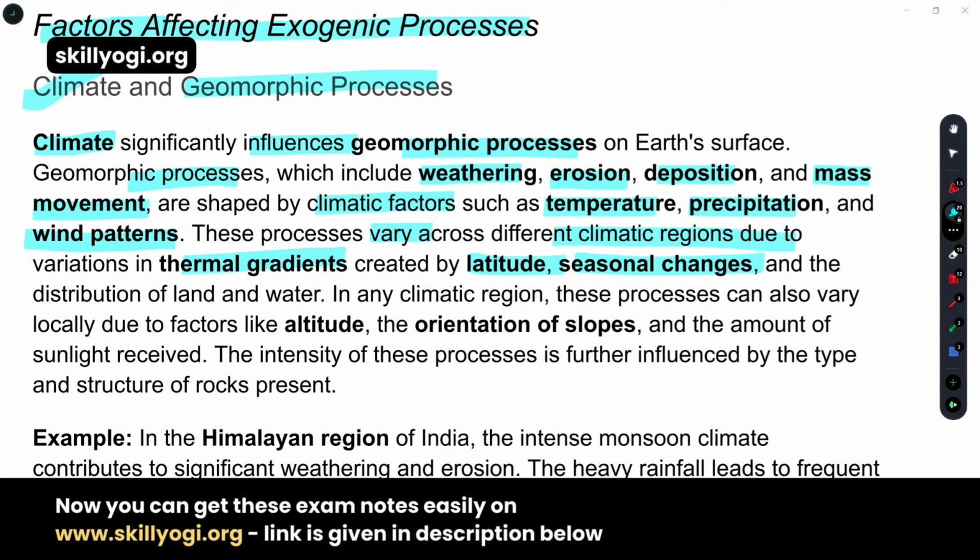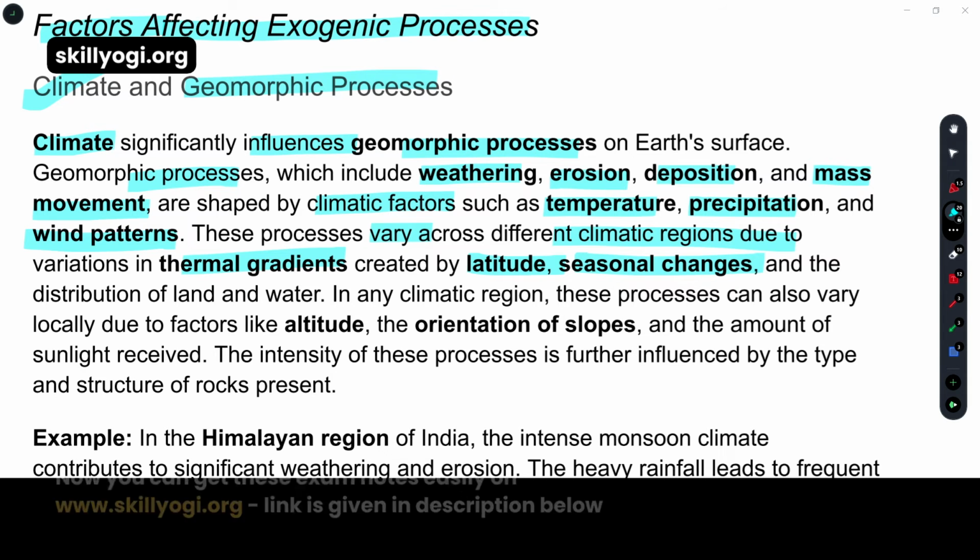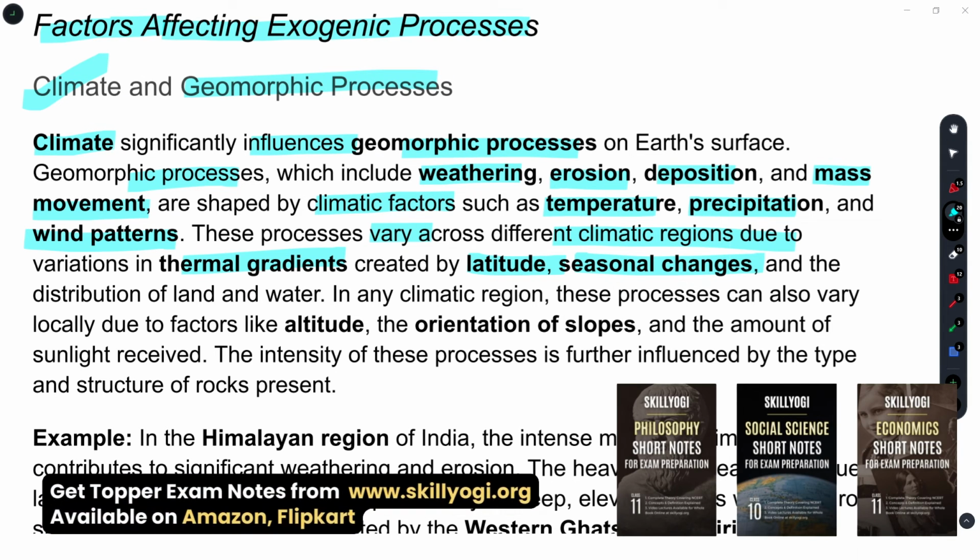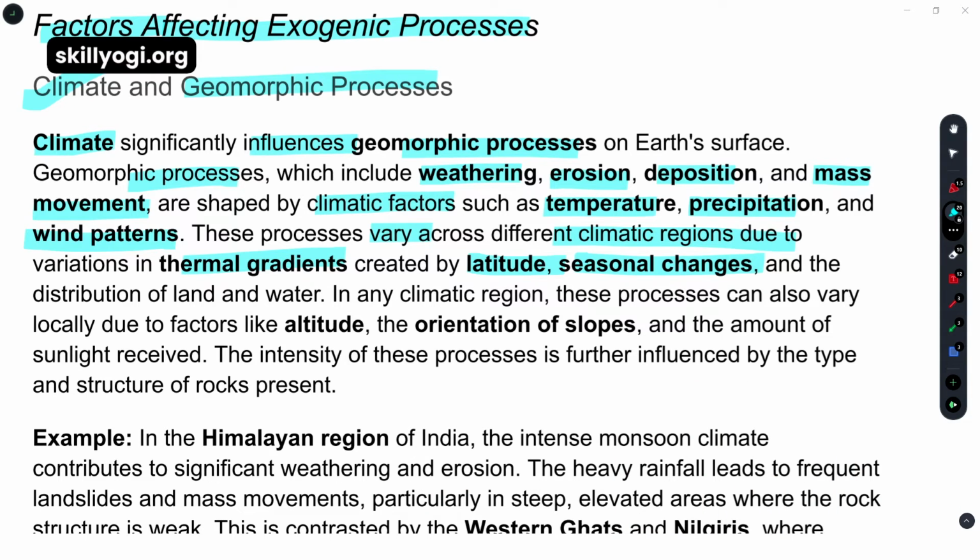Because of the latitudes, because of the height changes, our weather and climatic conditions sometimes increase or decrease. So that is why the seasonal changes and the thermal gradients are very important for making, reshaping or balancing the landforms of different parts.